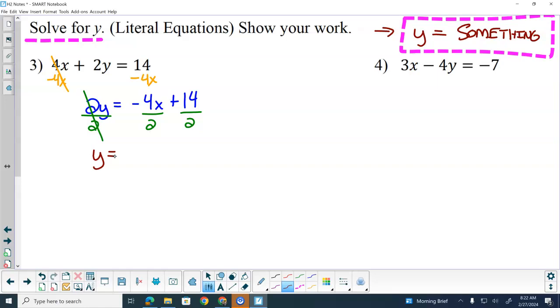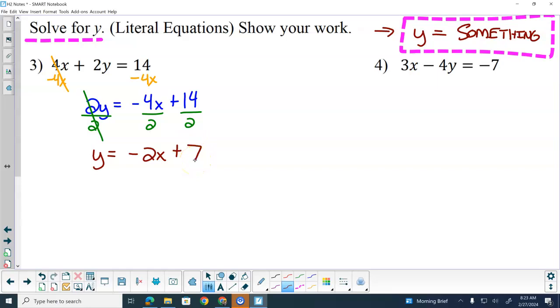And then what else is attached there? x, yep. -2x plus, because it's plus, what's 14 divided by 2? 7. Yep, 7.